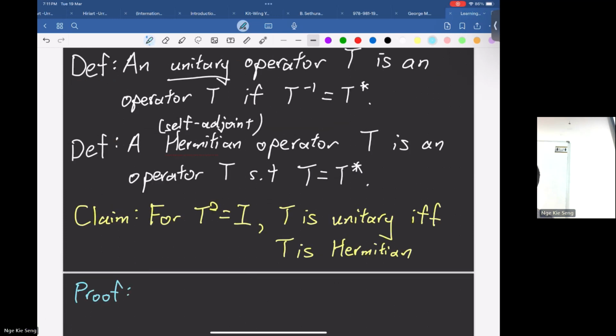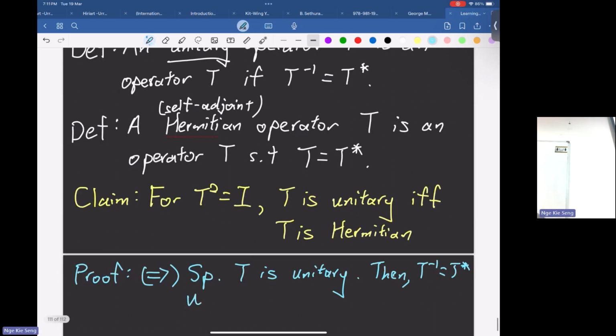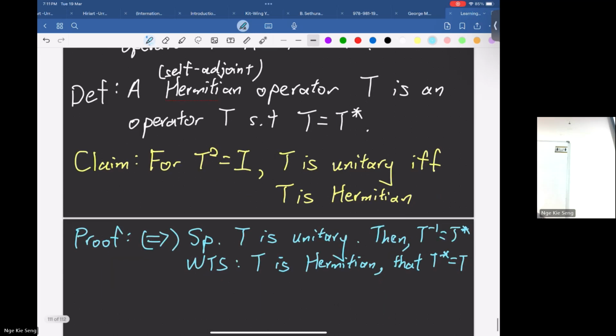There are two directions here, right? Suppose T is unitary, then the inverse of T is the adjoint of T. We want to show T is Hermitian, that is, T adjoint equals T. Since T is unitary, we know T adjoint equals T inverse.